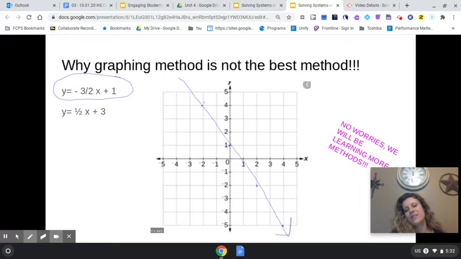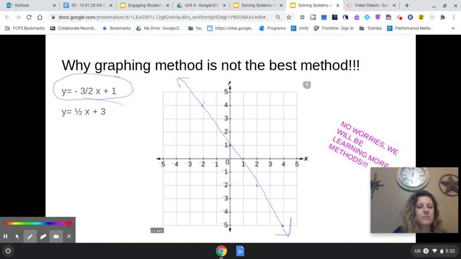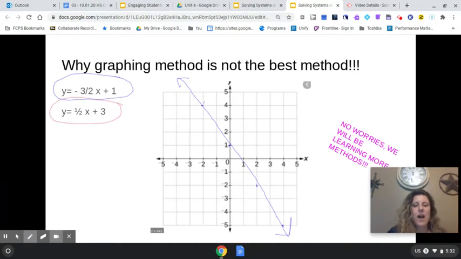Ooh, it's a little crooked. Sorry about that. All right, the next line, I'm going to plot in red. We have a y-intercept of positive 3, and our slope is 1/2. So I'm going to rise 1 and run 2. Again, I'm going to go in both directions so I make sure to make a straight line.